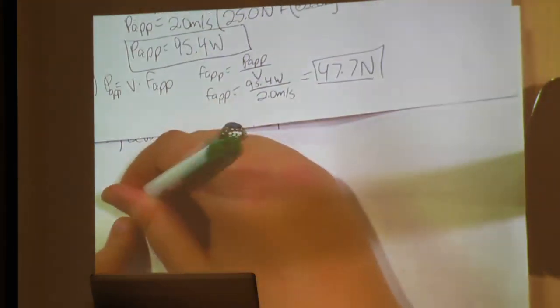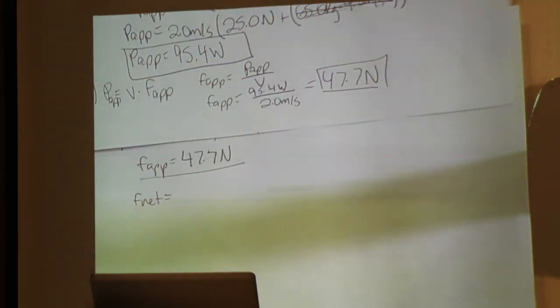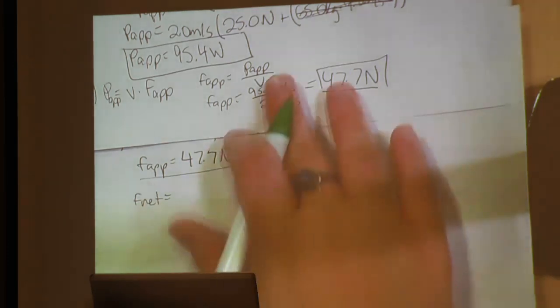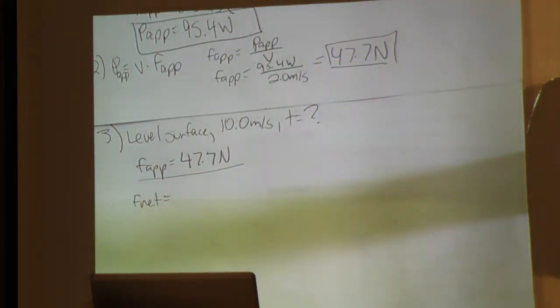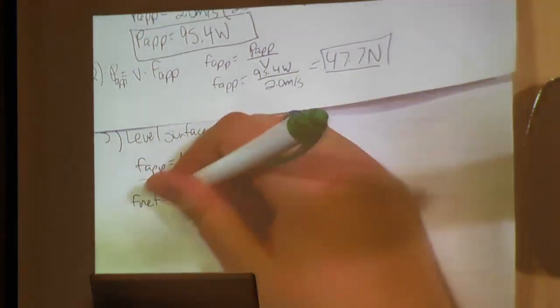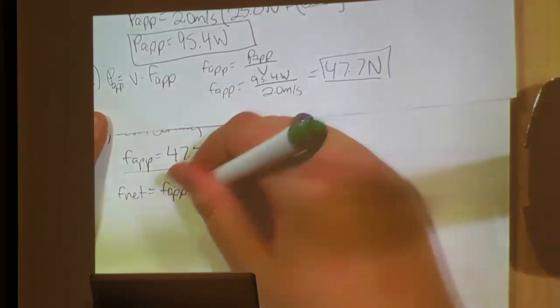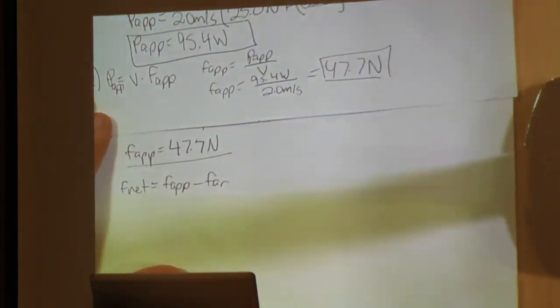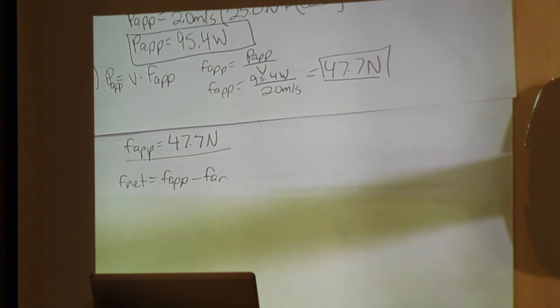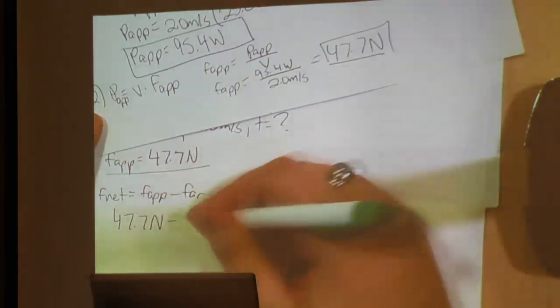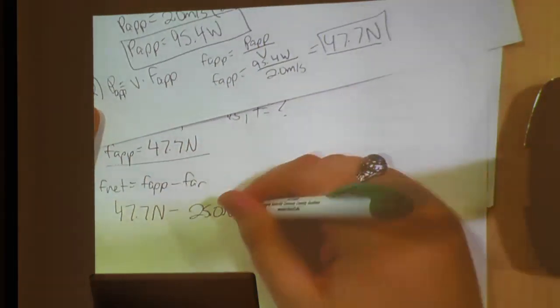We're going to find the force net on the flat surface. We're going to define the net force here. We're going to have to use F applied minus force of air resistance. All right, so that would be the 47.7 newtons minus the 25.0 newtons is equal to what?